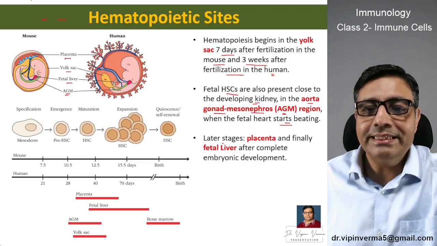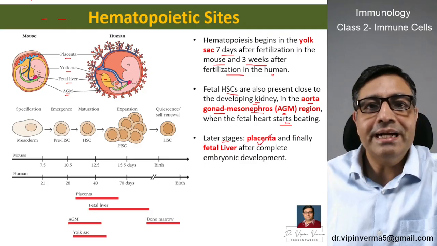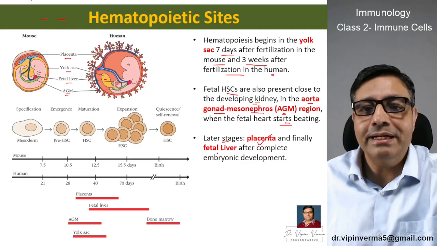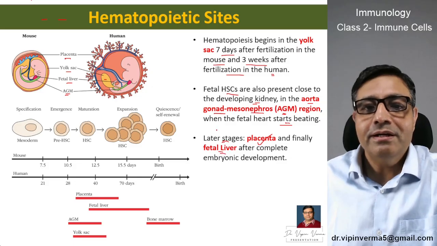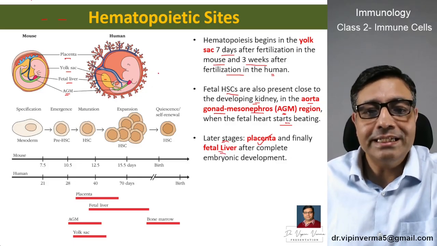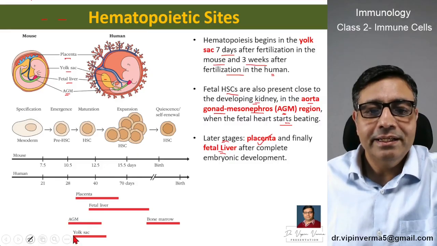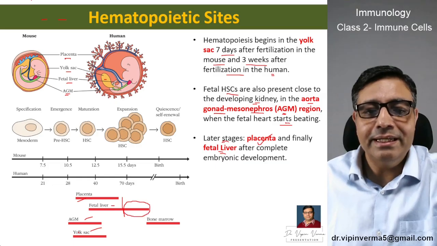Now, in the later stages of the fetal development, it is the placenta. And finally, at the maturation of the embryonic development, it is the fetal liver where you will find the hematopoietic activity. So here you can see initially it started in the yolk sac, then AGM, then placenta, and finally it is the fetal liver which is taking over here, and exclusively in the later stages till birth, the fetal liver is the major site of hematopoiesis.